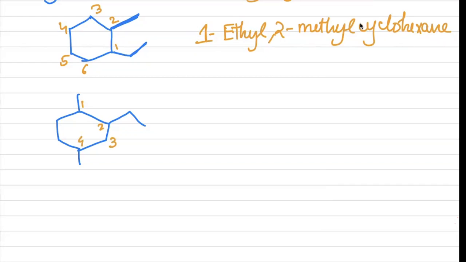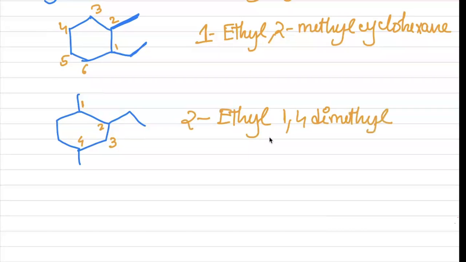So 1, 4, and 3. If we start the numbering from another side, we will not get the lower set of locants. So the numbering will start from here. Now in the second carbon, an ethyl group is present. So the name will be 2-ethyl-1,4-dimethylcyclohexane. Clear?